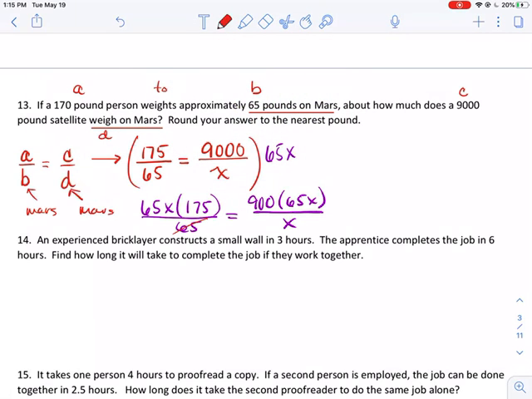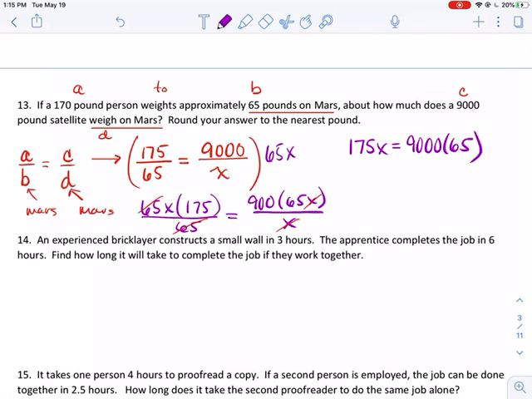When you multiply by the LCD, you cancel the common factors. Then on the left-hand side, you have 175x is equal to 9,000 times 65.